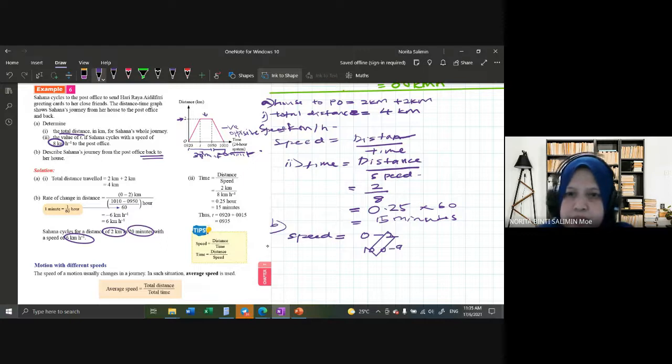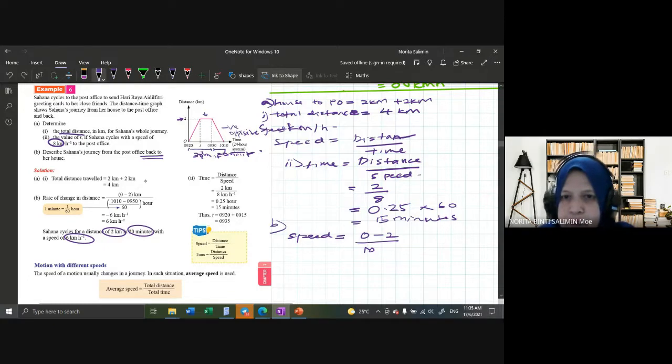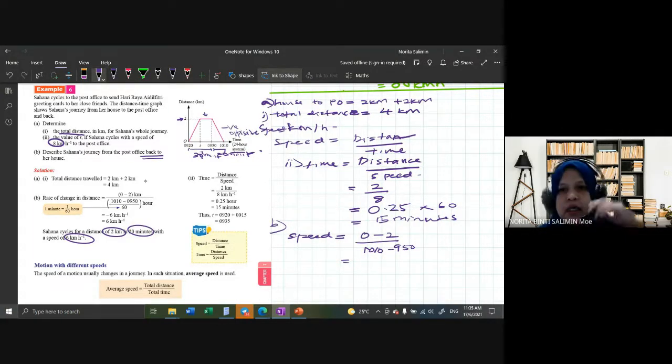Okay, daripada pukul 10 awak tolak dengan 9.50. 10 tolak 9.50 adalah 20 minit. 20 minit kan? So negatif 2/20.